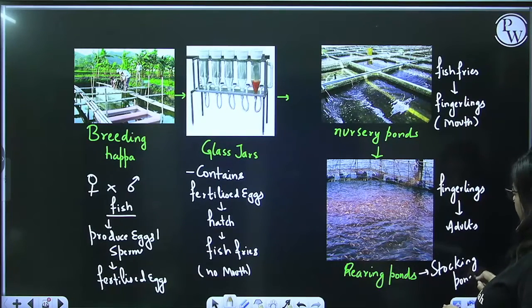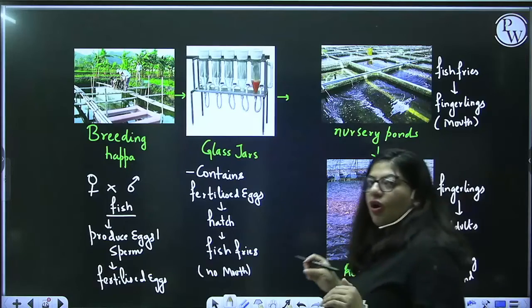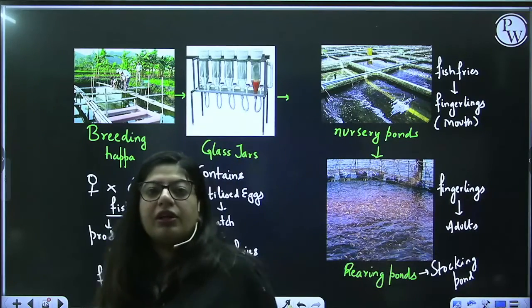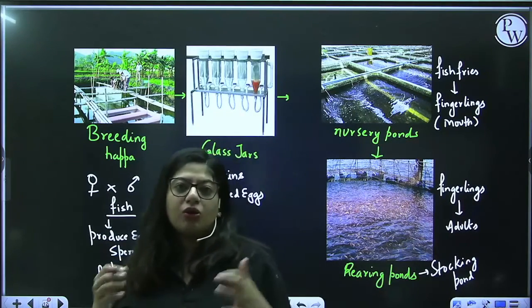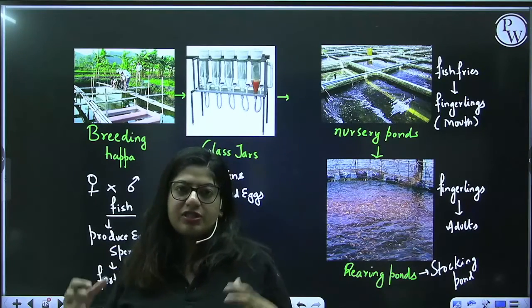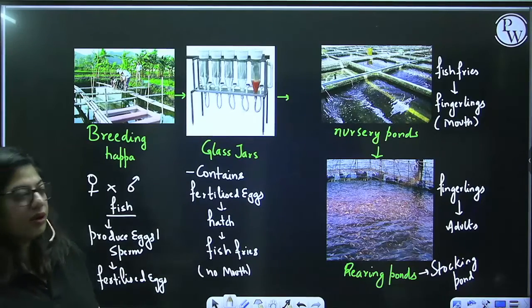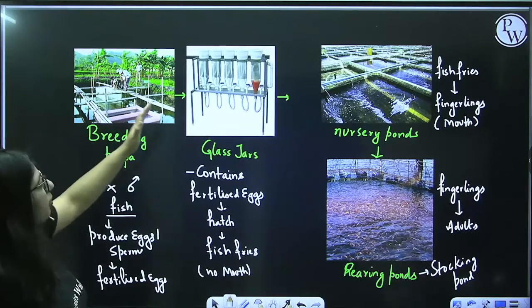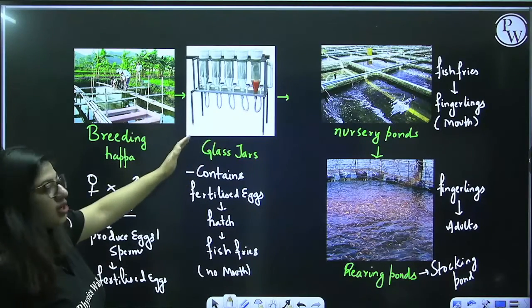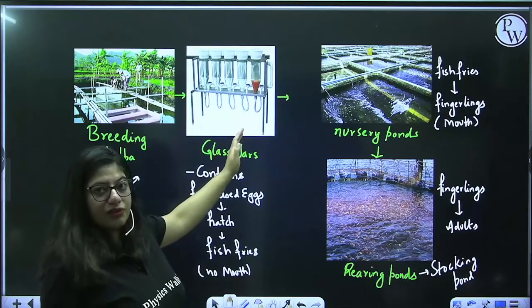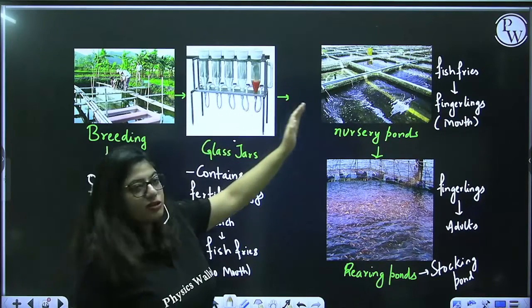And from this pond, once the adults are fully mature, they are captured, others are sold, and some good quality fishes are selected and put back into the breeding happas for the next round. So from breeding happa, you put them into glass jar. In glass jar, the fertilized eggs get hatched into fish fries. Fish fries are sent to the nursery ponds.